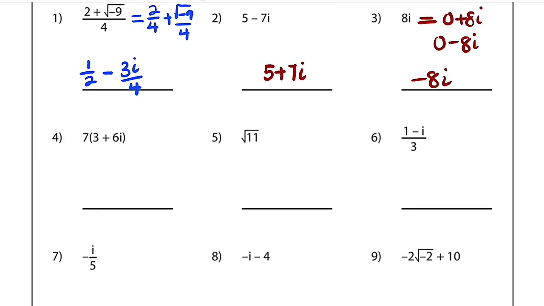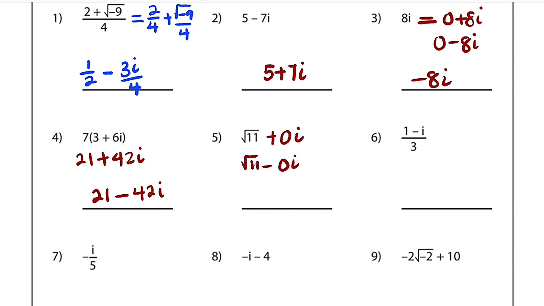Number 4, 7 multiplied by 3 plus 6i. Let's expand. We have 7 times 3, 21, plus 6 times 7, which is 42i. The conjugate will be 21 minus 42i. Then here we have only the real part, meaning the imaginary part is 0. So what will be the conjugate? It will be the square root of 11 minus 0i.